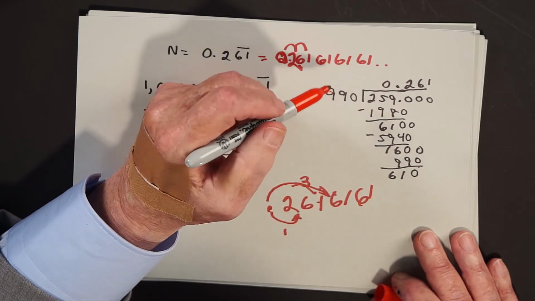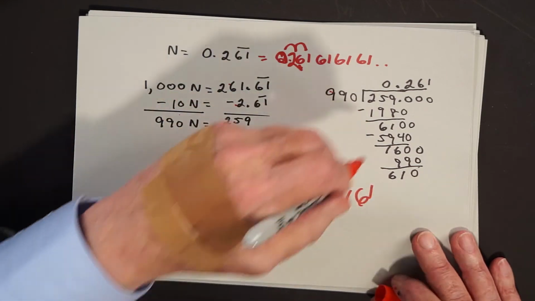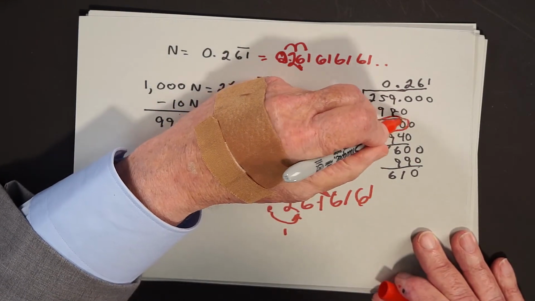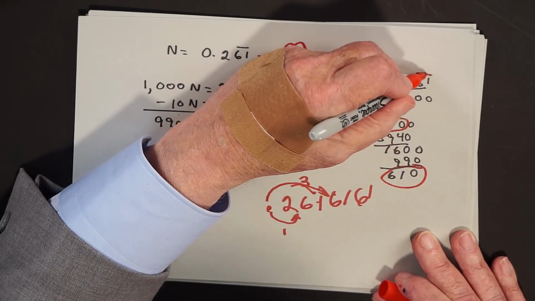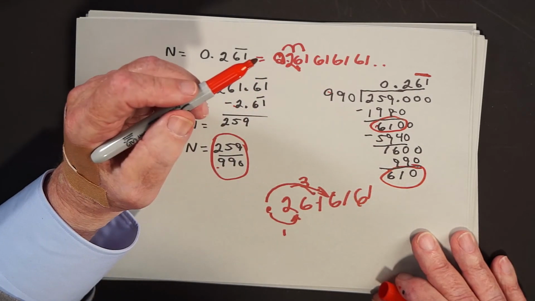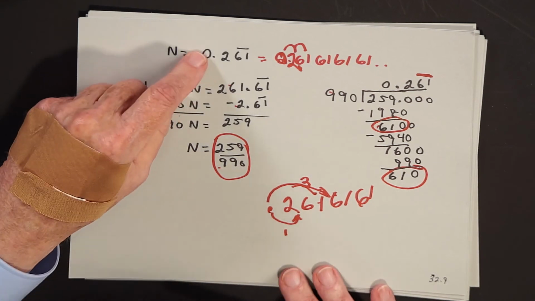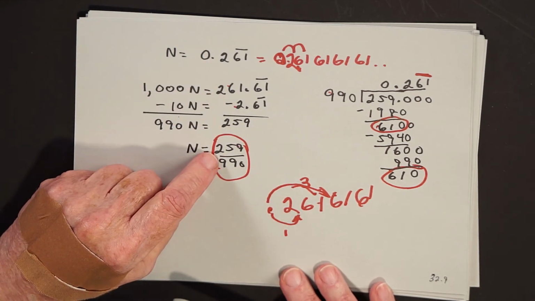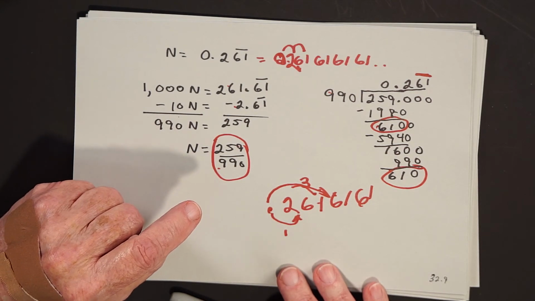Bring down the next 0. This goes in once. I subtract, I get 610. And lo and behold, what's happened? The cycle now is going to repeat endlessly. You see the 610 here, the 610 here. What's the likelihood that you ever would have guessed that this number here means the same thing as saying you're taking 259 out of every 990?